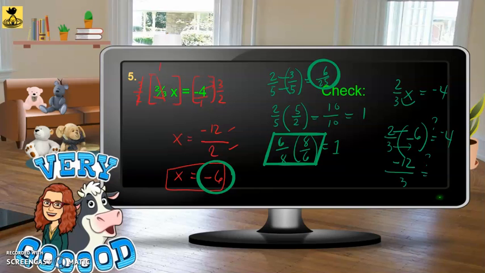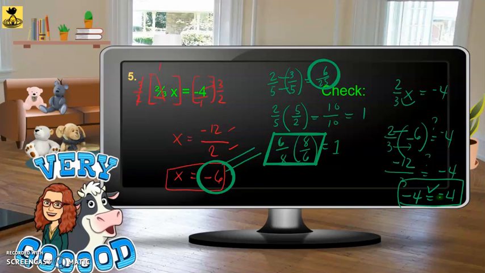Is it equal to negative 4? Of course, negative 12 divided by 3 is negative 4. So negative 4 is equal to negative 4. So we have shown that the left and the right side of the equation in the checking part are the same. So we can conclude that negative 6 is the correct answer.